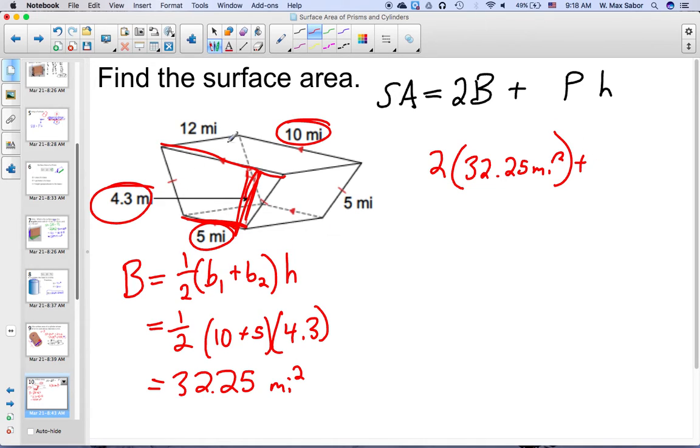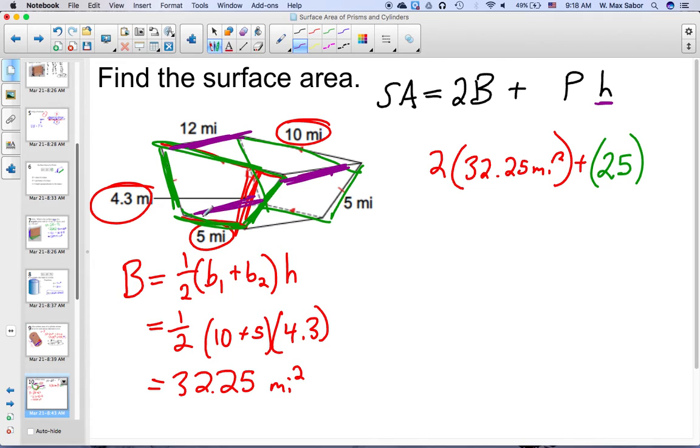The perimeter is 5 plus 5 plus 5 plus 10. So 5 plus 5 plus 5 plus 10 is 25. Again, I added up the 4 sides of the trapezoid. And then the height of the prism, that's the length connecting the front to the back.